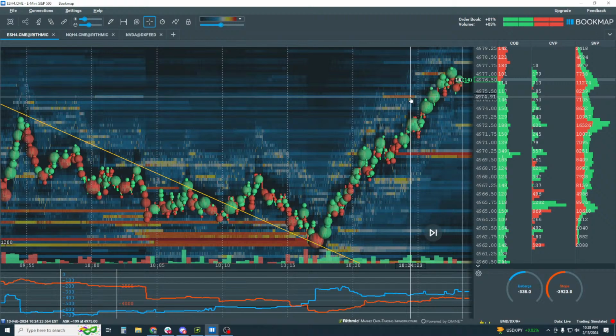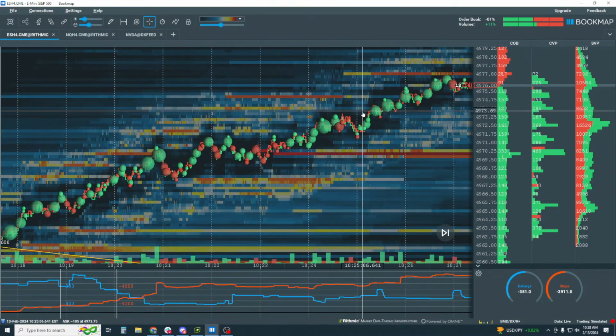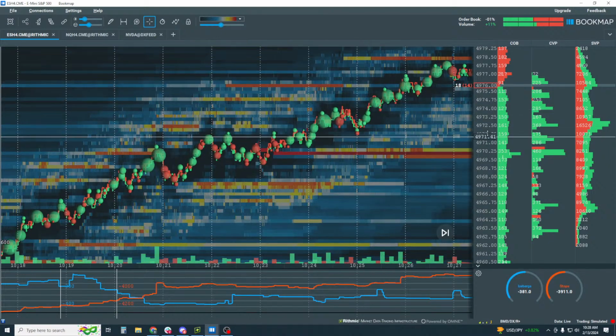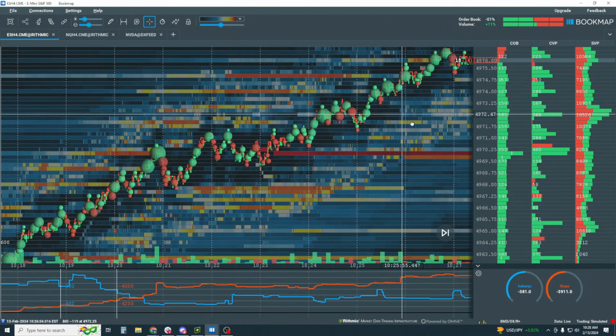It's fine. One of the things, though, is if you see the behavior in here not really telling you that you should be taking some profit, and this was a strong move. The bid is still relatively strong here, and they're pulling on the offer. And we're still seeing big green dots here.